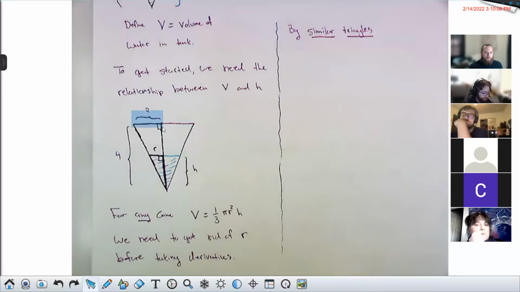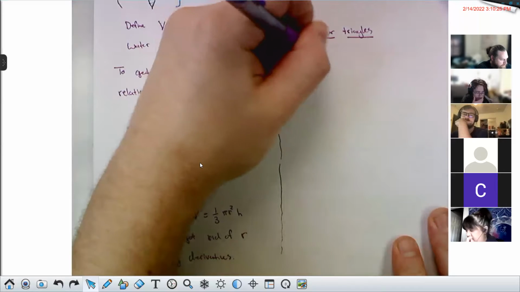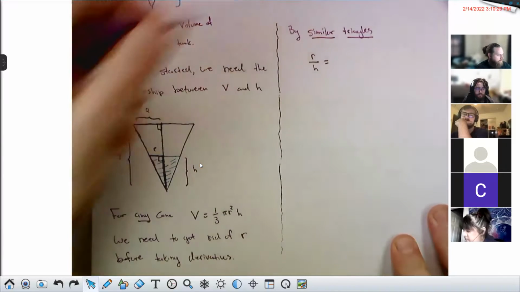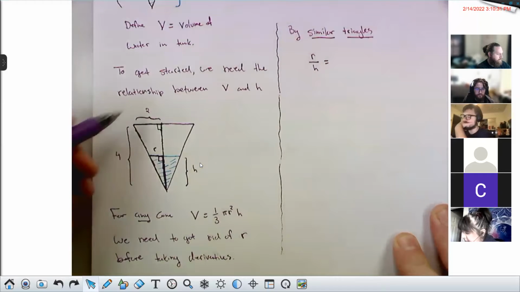If this is 2 and this is 4, then when I divide those, I must get the same thing as when I divide little r and little h. So by similar triangles, r over h is equal to 2 over 4, right?